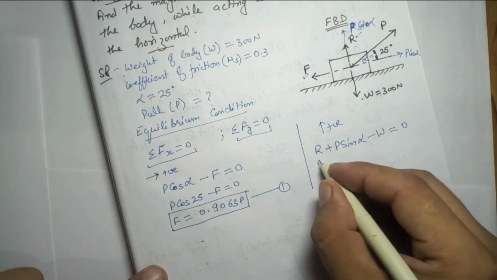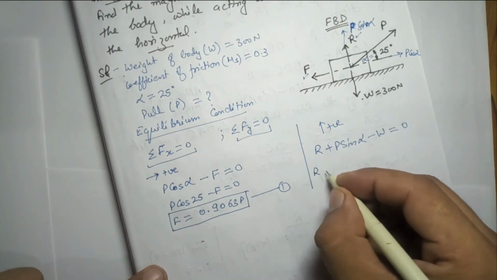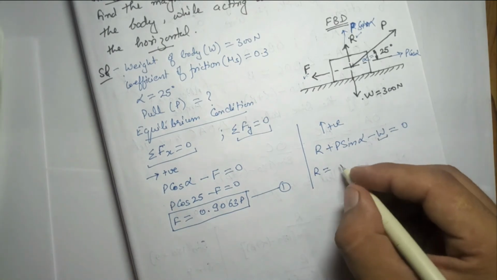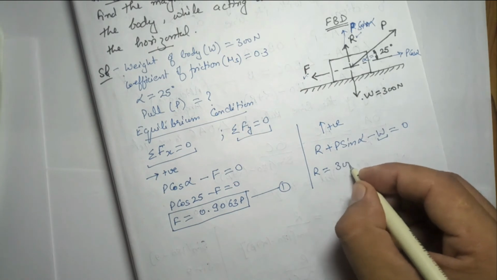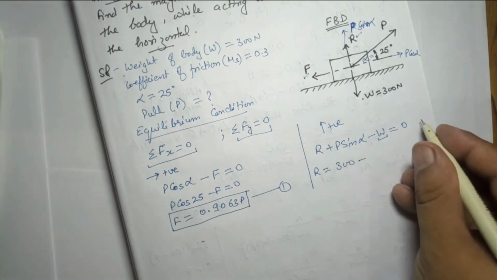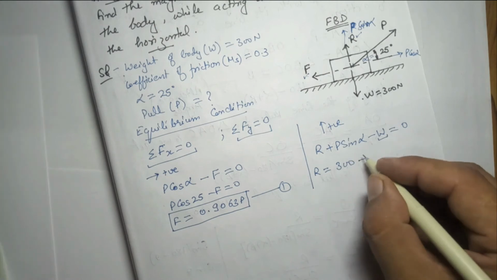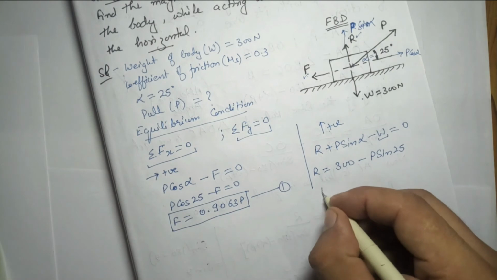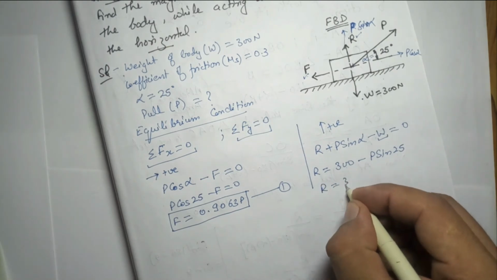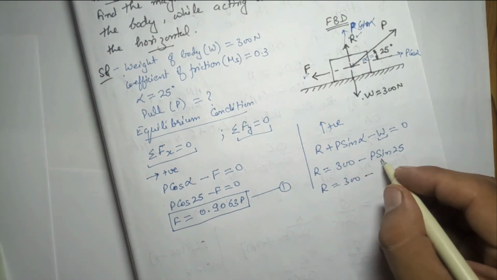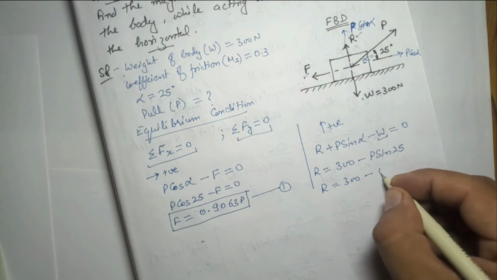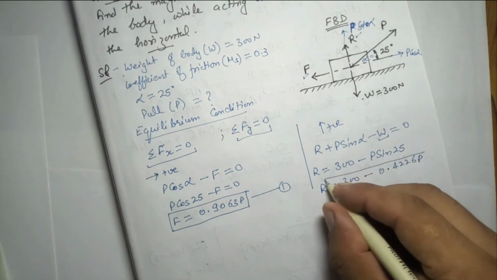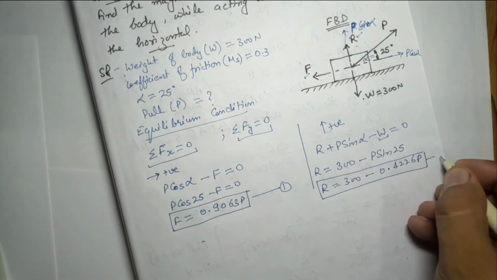In this way we need to calculate R. So R is equal to the weight, that is 300 Newton, taking on that side, minus this P sin 25. So R is equal to 300 minus, when we get sin 25, this is coming 0.4226 times P. So this is the value we are getting for R.